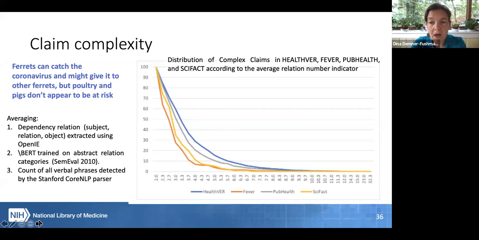So you can see how it is, again, a very subjective task assigning these labels, and the assessors were instructed to go with their first reaction and label it according to their first reaction without doing too much analysis. And then to automatically determine the complexity of the claim, Yassin came up with this averaging of 3 different types of relations that can be extracted from the sentences.